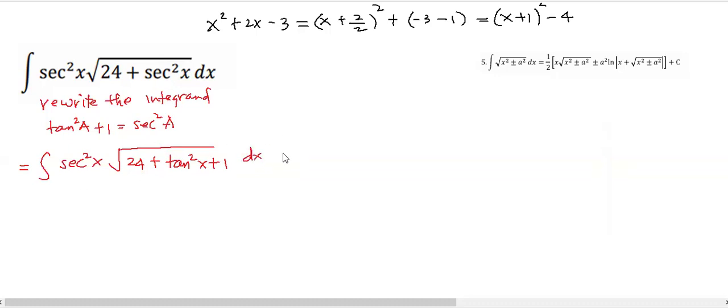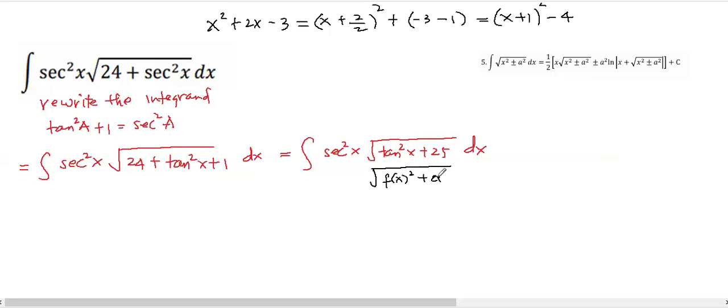So, this is the same with the integral of secant squared of x and then square root of tangent squared of x plus 25 dx. Okay? The same form, no? We have the square root of f of x squared plus a squared.